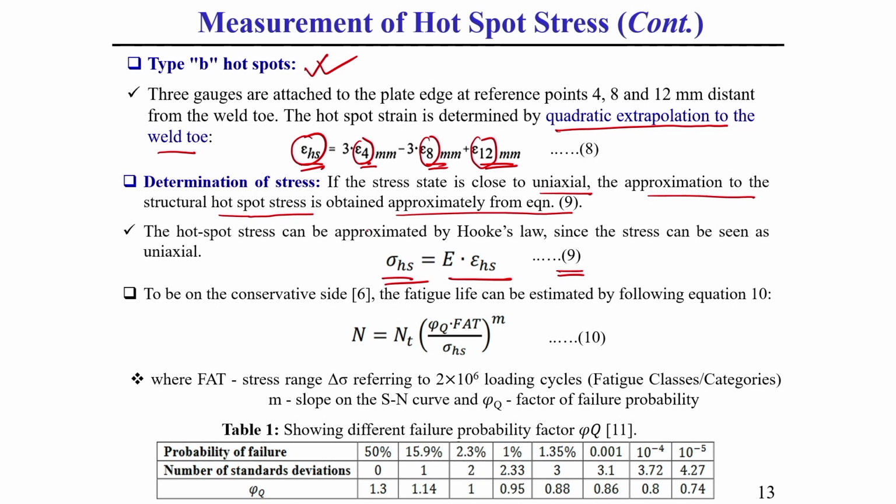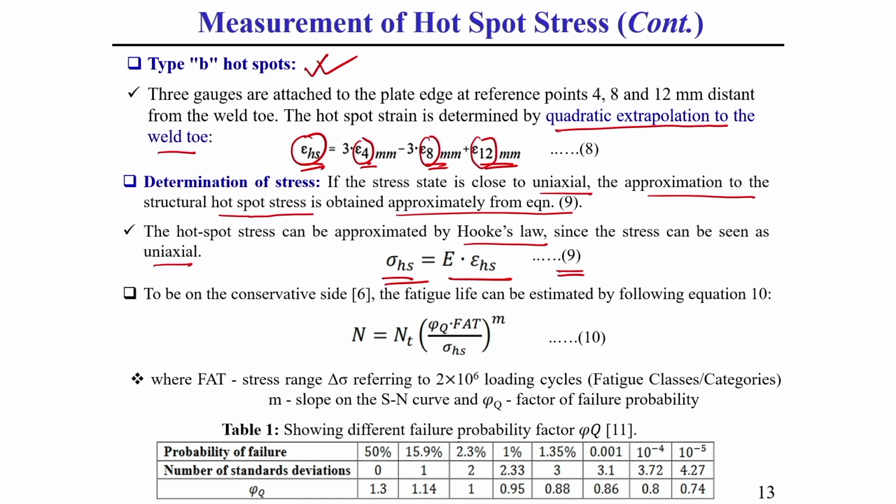So, what is the condition? If the stress state is close to uniaxial type, then hotspot stress can be approximated by Hooke's law, since stress can be seen as uniaxial. Then by this we can predict the hotspot stress.